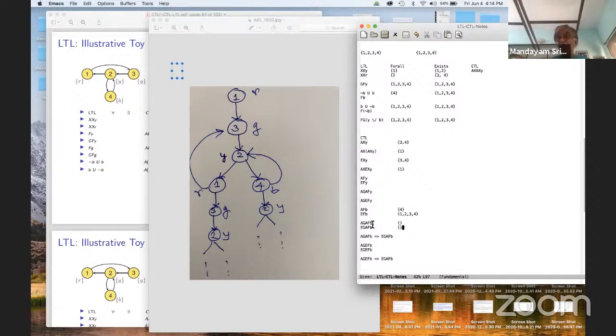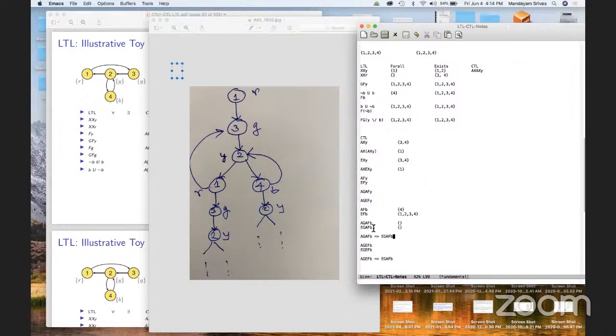So AG of AF of B is necessarily stronger than EG of AF of B. That's what I have indicated here. So AG will be stronger in the sense there will be fewer states. This will be a subset of that. So that is one observation.